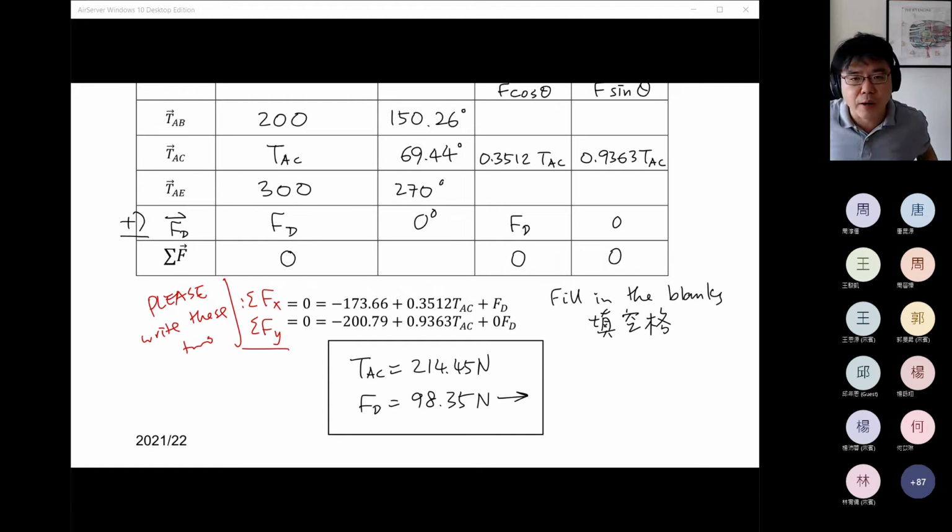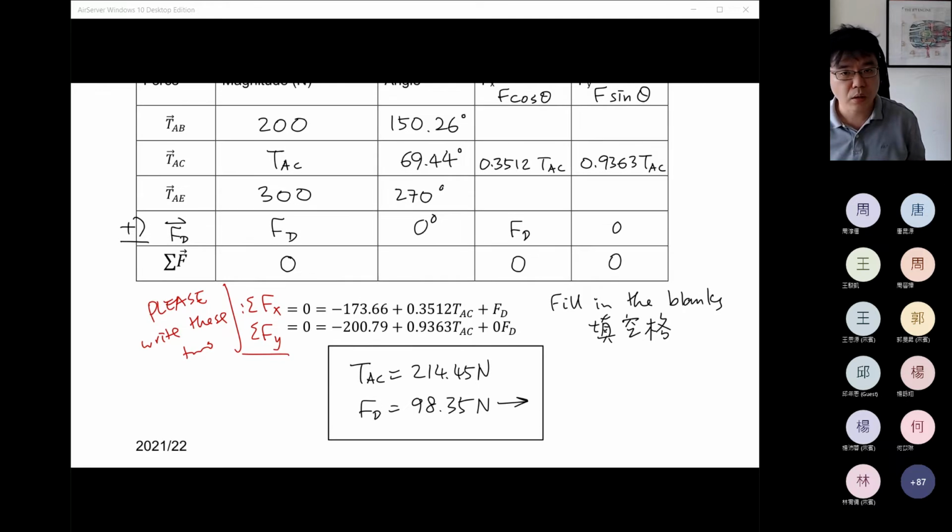Are there any problems with the calculations? The key point is not the calculation.